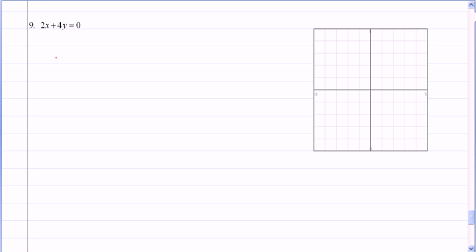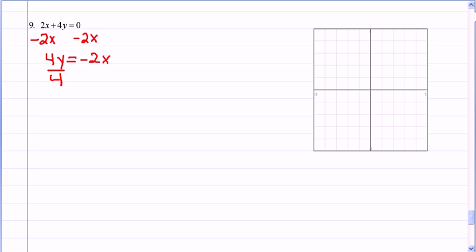So for number 9, to get this linear equation in function form, we always start by moving the x term over by either adding or subtracting. And we get 4y equals just -2x. You can put plus 0, but you don't need to.